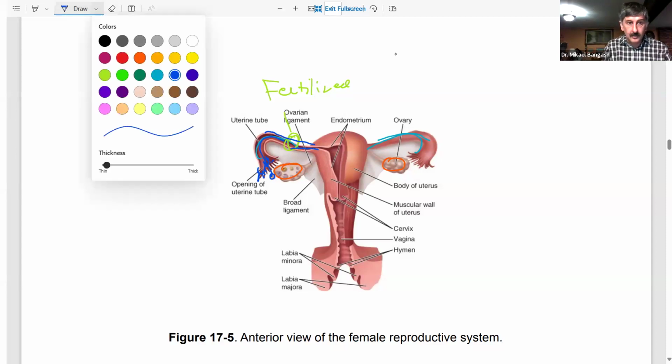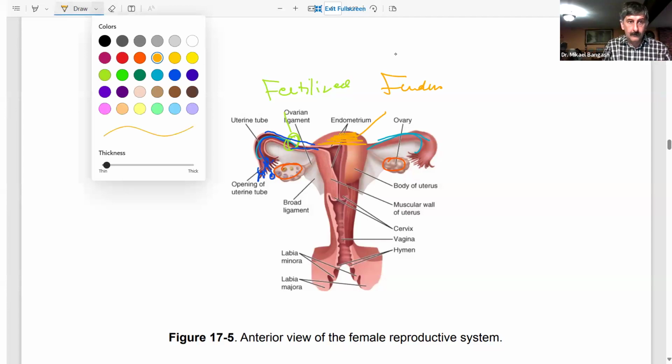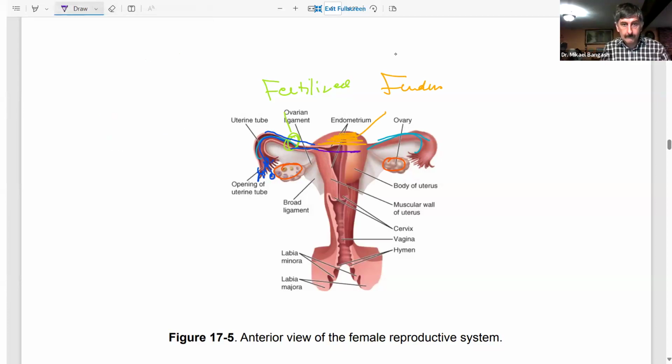And now we just talk of the body of the uterus. This was the fundus. And this was the body.